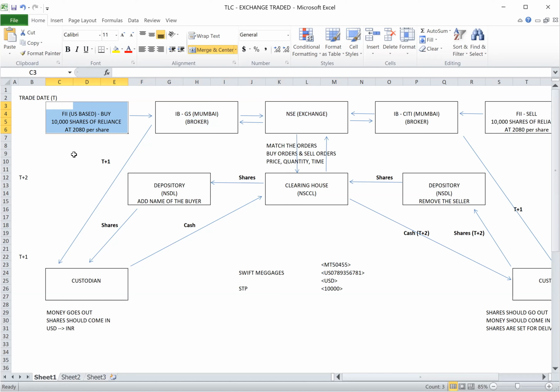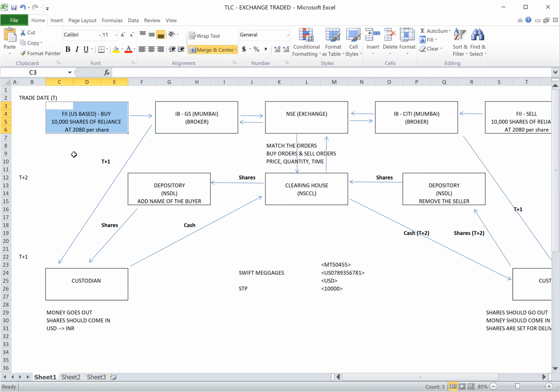There is a foreign institutional investor, a foreign mutual fund, which wants to invest in Indian shares. From the Indian perspective, that entity will be an FII, an institutional investor which wants to buy 10,000 shares of an Indian company, Reliance.